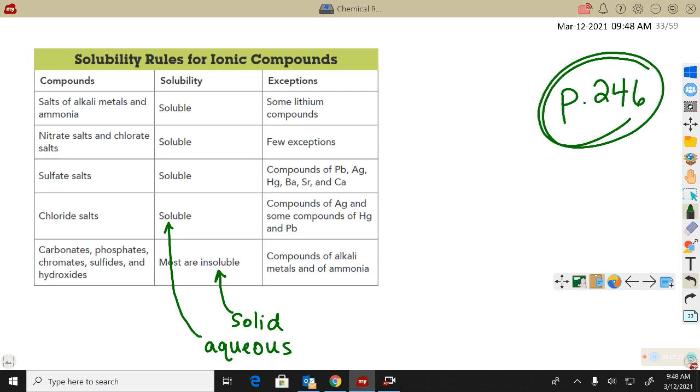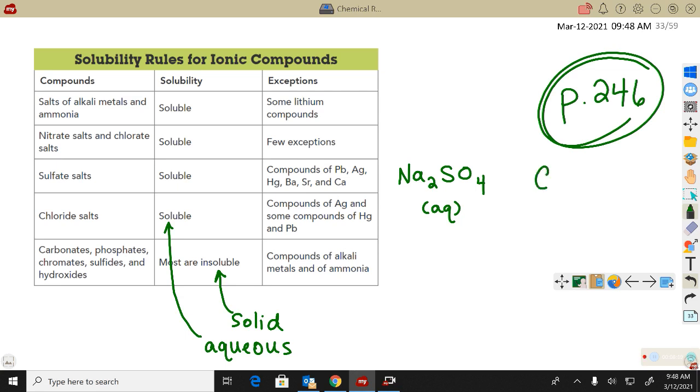So for example, if I had something like sodium sulfate, well, I could either look at this as being an alkali metal, and anything with alkali metals is soluble, aqueous, or I could look at it in terms of sulfate to say, all right, sulfates are soluble, aqueous, with a few exceptions: lead, silver, mercury, barium, strontium, and calcium. So then I'd say, oh yeah, sodium's not on the list, so sodium sulfate is aqueous.